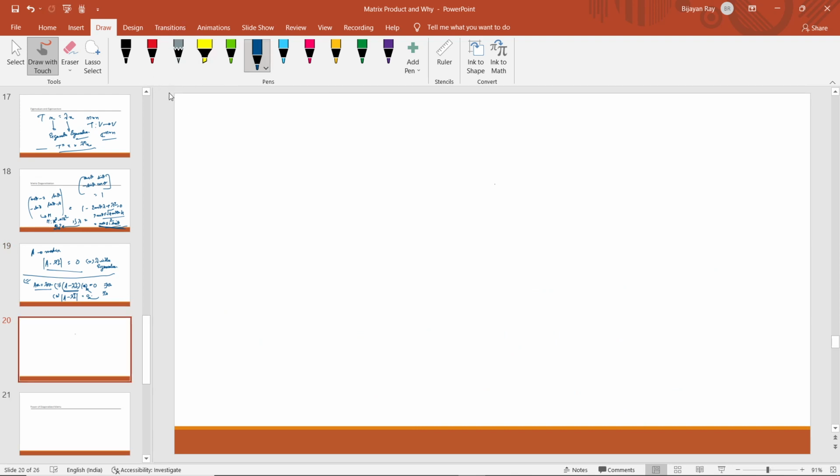Now the next theorem. If lambda 1 through lambda n are distinct eigenvalues of an n by n matrix A, then A is diagonalizable.